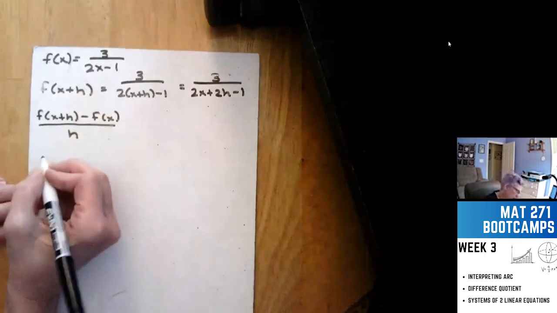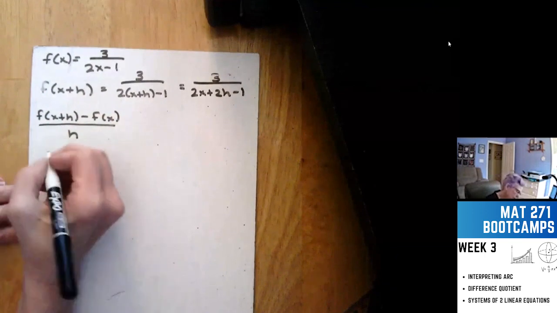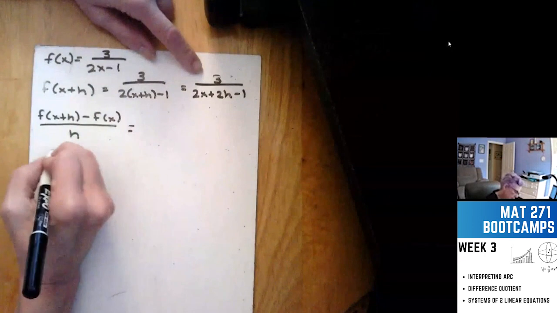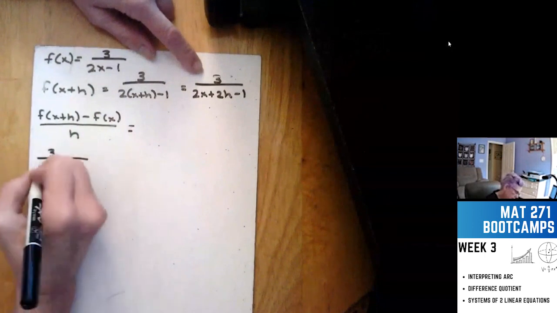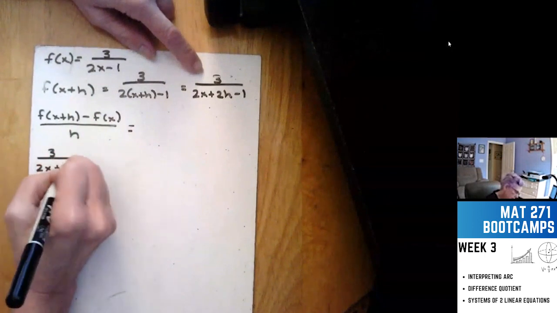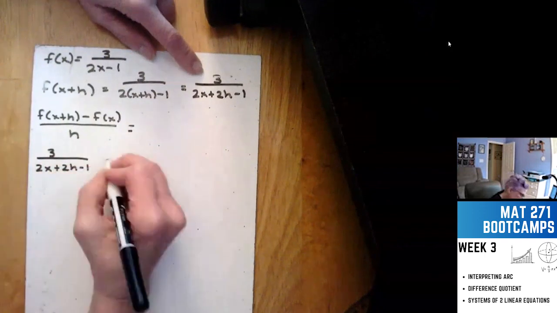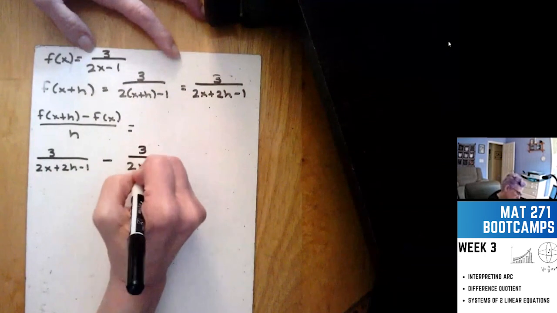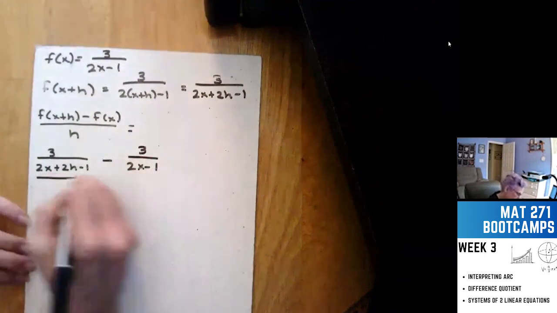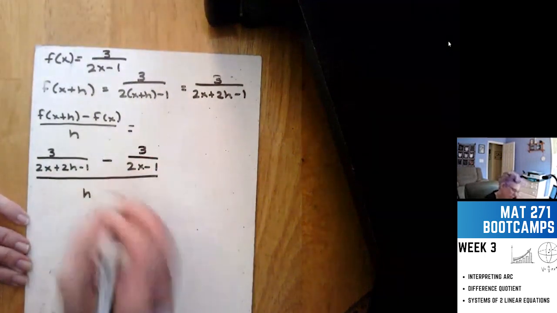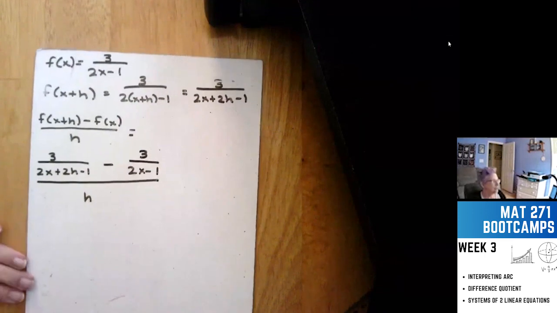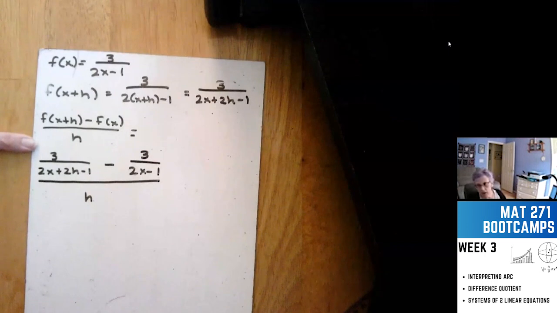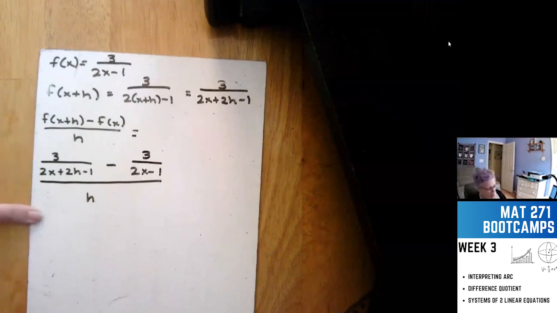I'm going to go ahead and go to the next row because I write big. So I have f of x plus h sitting here, minus f of x, all of that on top of h. So now I have a difference of rational expressions on top of something.